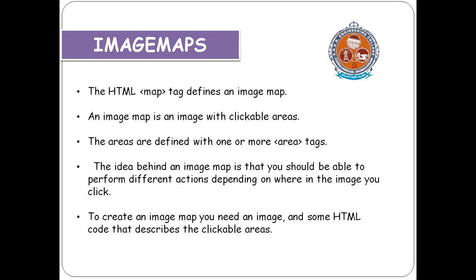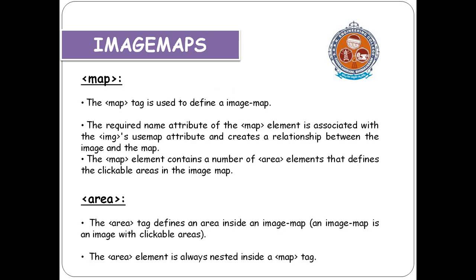To create an image map, you need an image. Whenever you want to create an image map, you must have an image and you have to define some code with attributes, then the image map will work. So this is the map tag. It requires a name attribute. The image element is associated with the map using the usemap attribute, which creates a relationship between the image and the map.